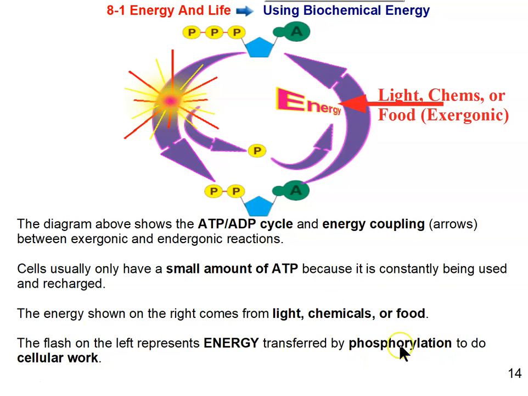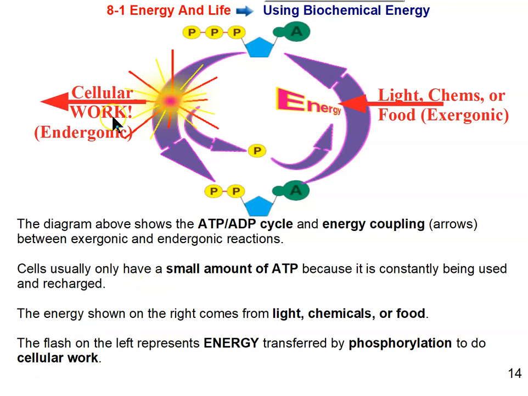Remember, phosphorylation is how ATP actually gives up its energy, right? So the exergonic reactions, the energy is being used to add an inorganic phosphate to ADP to make ATP. ATP then is used to do cellular work, and it gives up its energy by phosphorylation, by transferring that third phosphate onto another compound. And that's how that cellular work is performed.